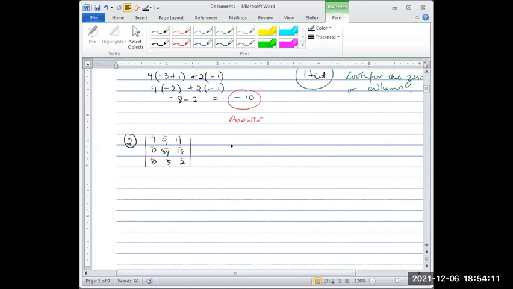Now, tell me, based on what I told you just now, which row or column is the best one to use? The first column, right? Why the first column? Because it has the most zeros.